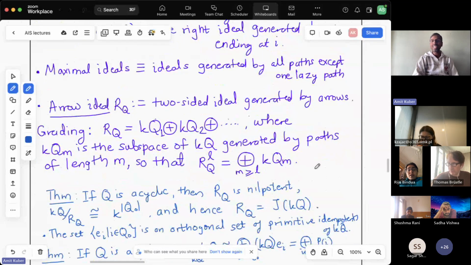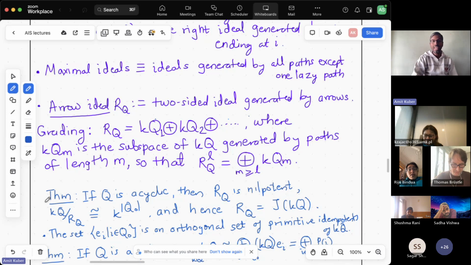If Q is acyclic, which means there is an absolute bound on the length of paths in Q, so a path is not of infinite length, then the arrow ideal is nilpotent. Beyond a certain point, there will be some L such that RQ to the power L plus 1 is 0.